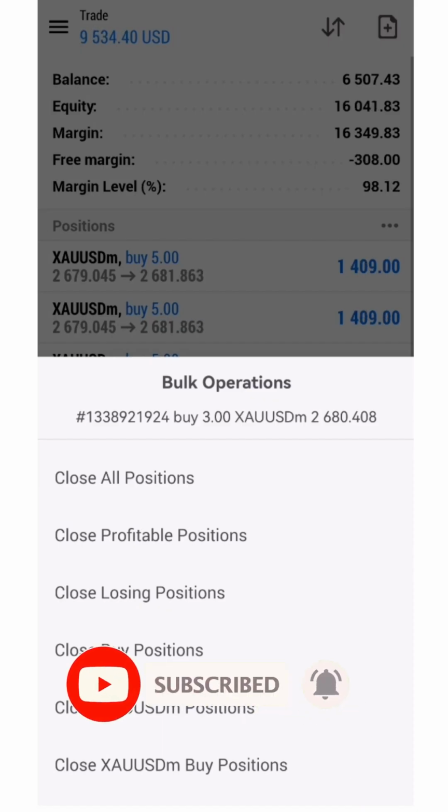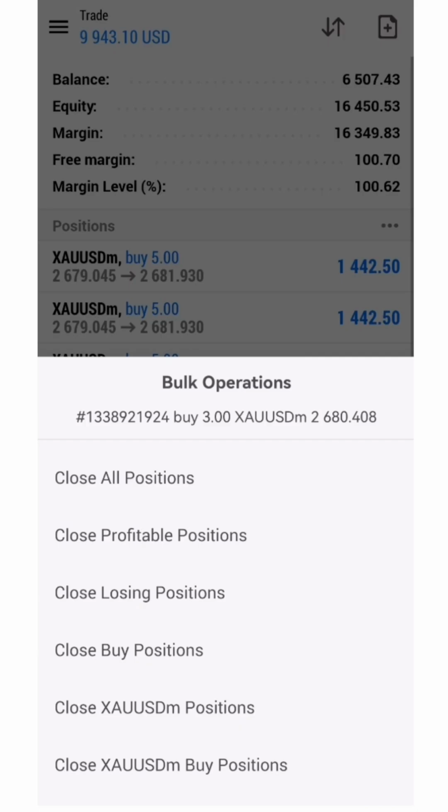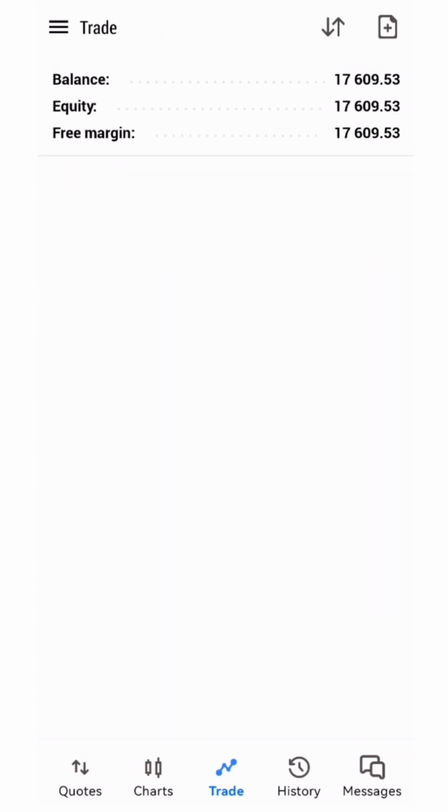And yeah, there you can see we have crossed the $10,000 mark again, and we closed it at $11,000, and our total balance was $17,000, which is from a starting balance of just $700, and it is really good, and we have just reached our point. So that was all about this.